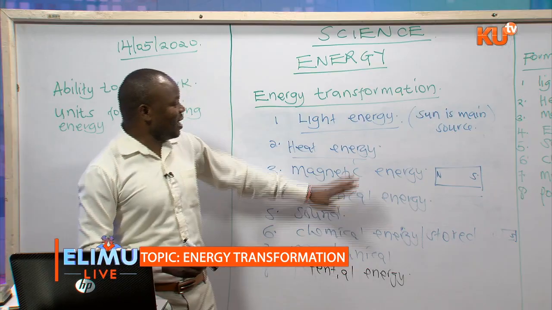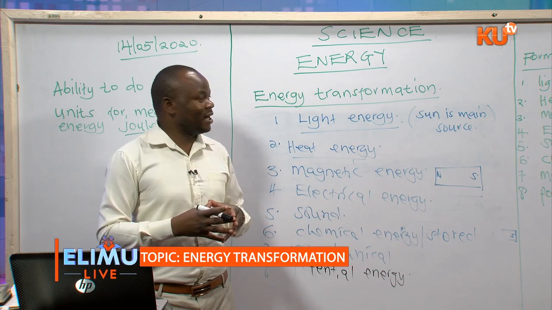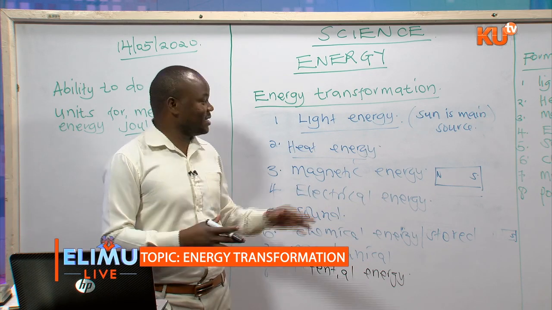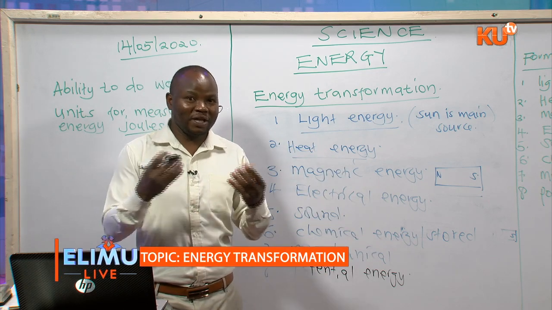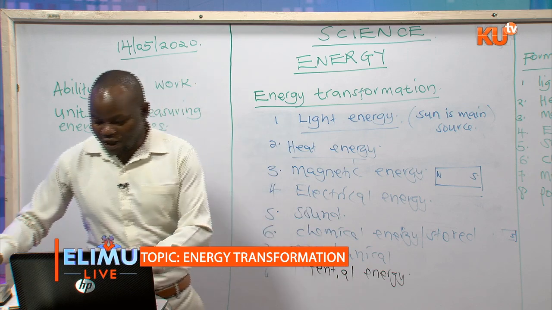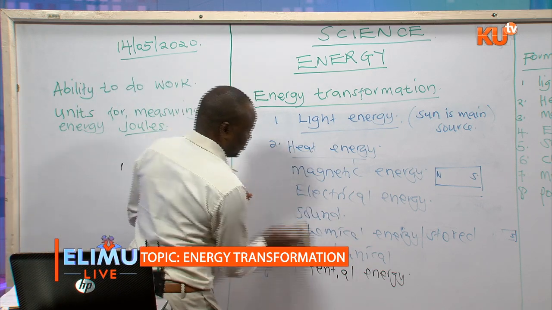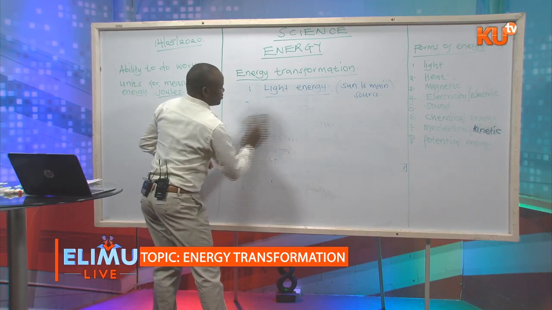Now you understand what the forms of energy are, and you are able to define in short what these forms of energy are, how they are going to be used, and where they originate from. Now I want to take you through examples of energy transformation.